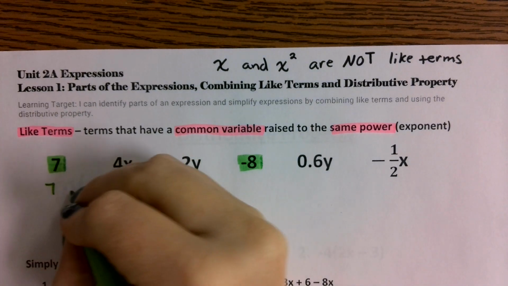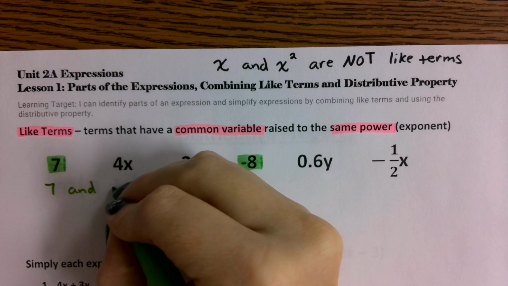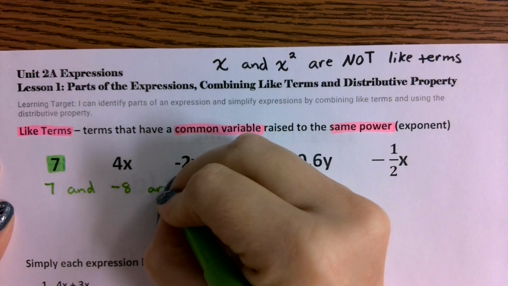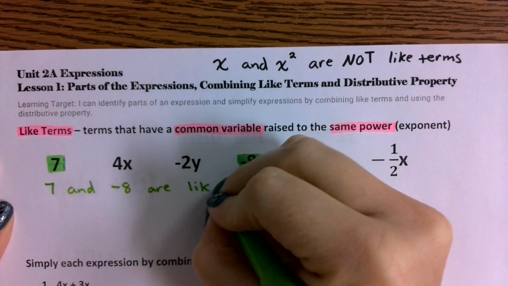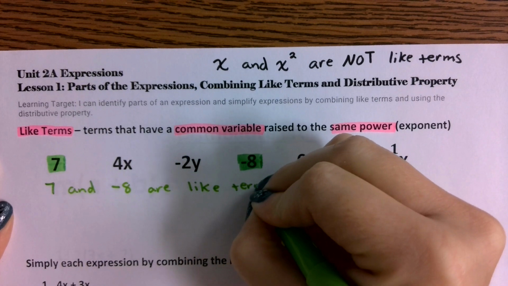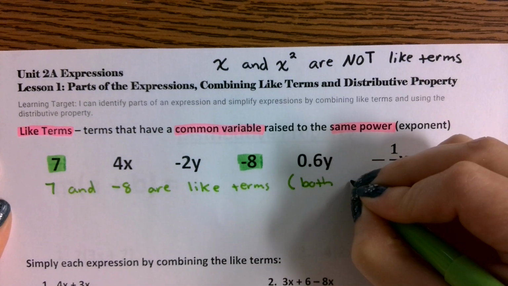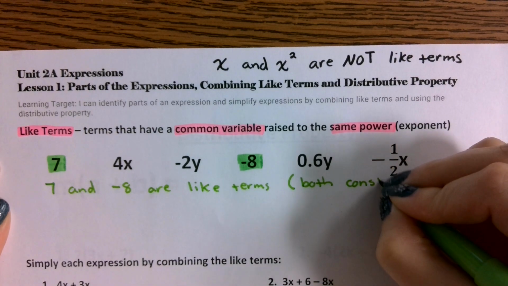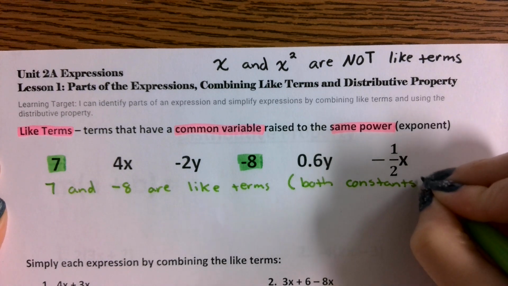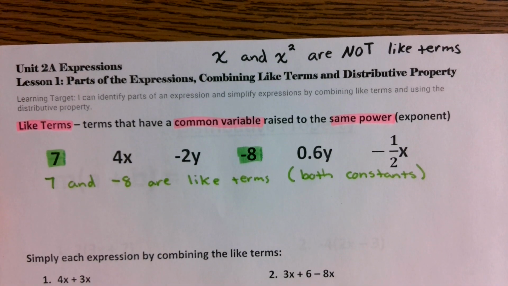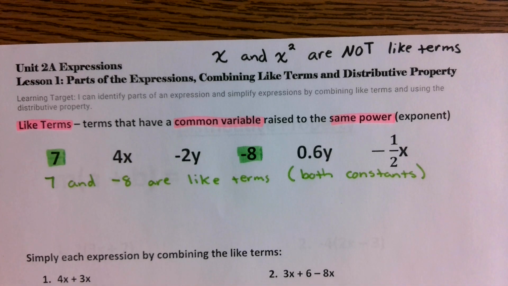Let's write that down. 7 and negative 8 are like terms, and I'll put in parentheses, they are both constants.